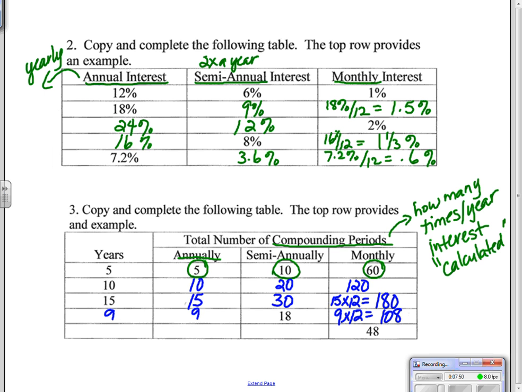If we have 48 compounding periods, that's once a month. That would have taken 4 years to come up with that many calculations. That means 4 annually and 8 semi-annually. It's going to make a lot more sense when we put it into context of some real world problems.